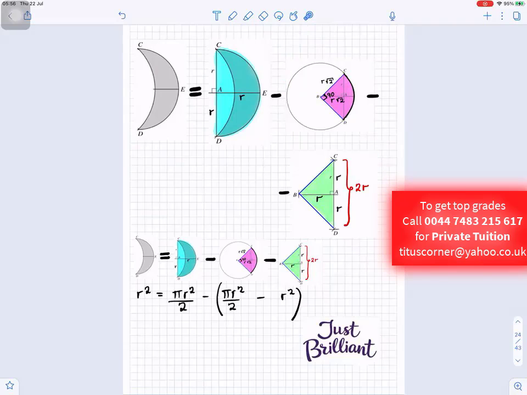So the area of a sector minus the triangle, and when you subtract them, you will get the area of the shaded part. So in short form, you can put that in a bracket like that. So the area of the sector minus the area of the triangle, and then you take that away from this semicircle, you will get that shaded part.